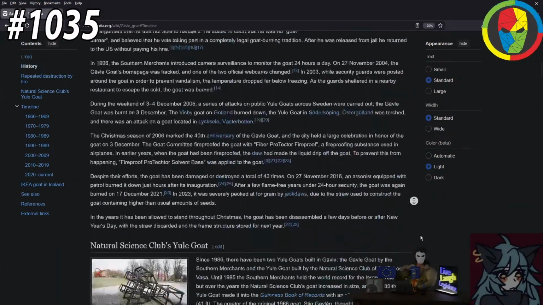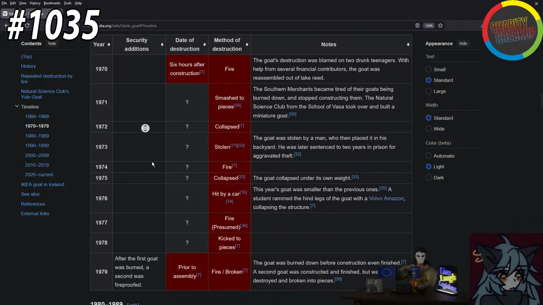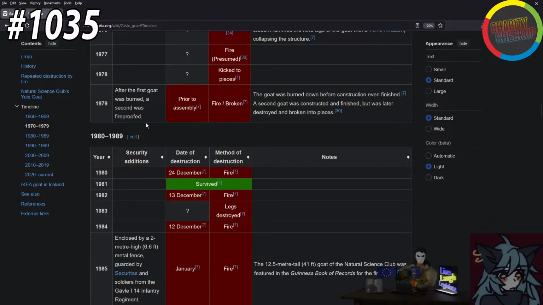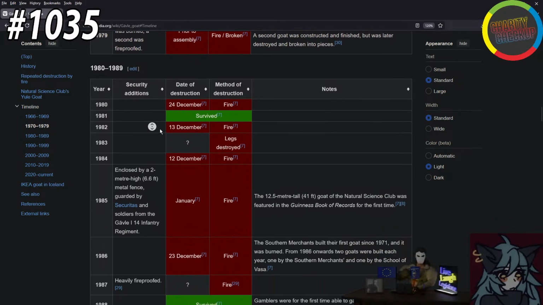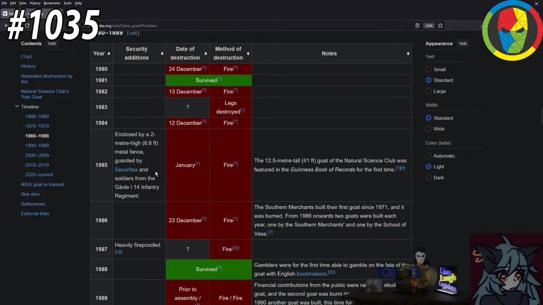I am so glad you shared this with me because I'm adding this to one of my favorite Wikipedia pages. Security measures. Protected by chicken wire netting. Jeez. The second was fireproof. I'm sorry, it was protected by a security company and soldiers, and it was burned. That's comical.